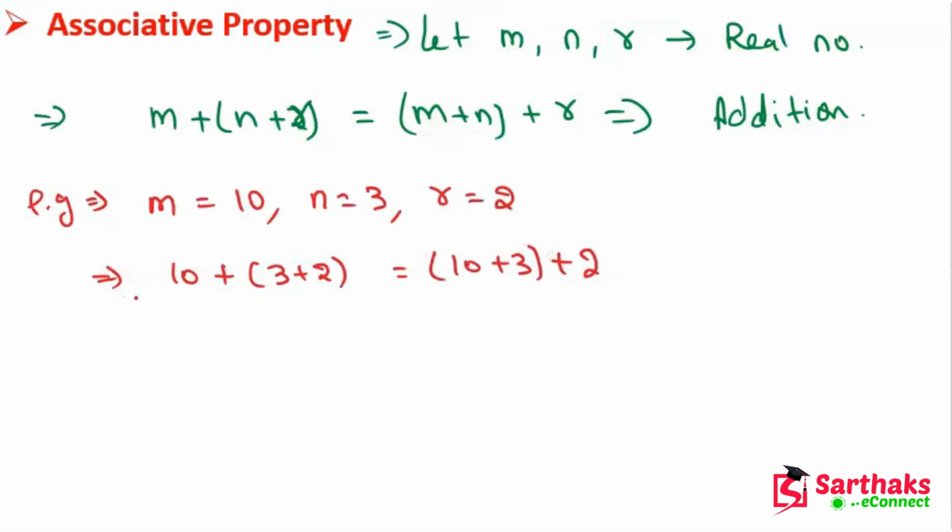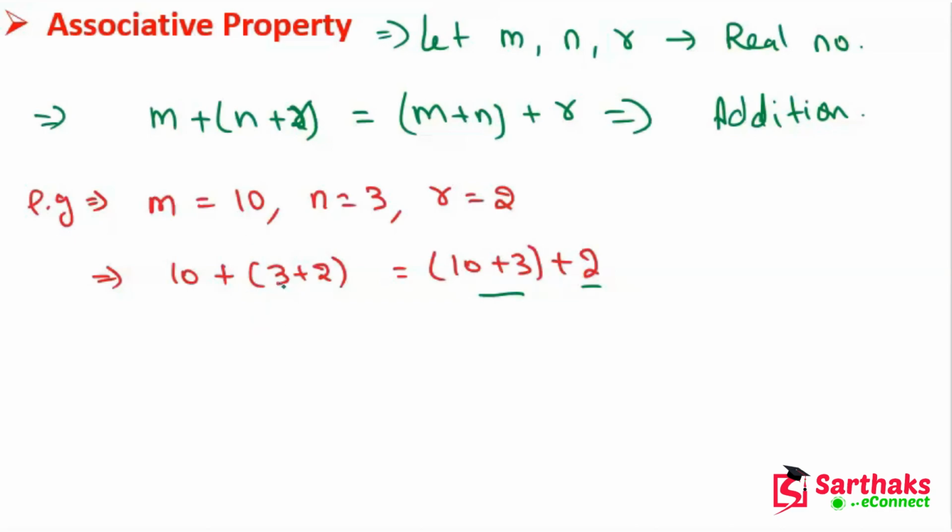What we are doing? We are adding the last two numbers, then we are adding the first number. And in the other case we are adding the first two numbers and then we are adding the third number, then the result will always be same.